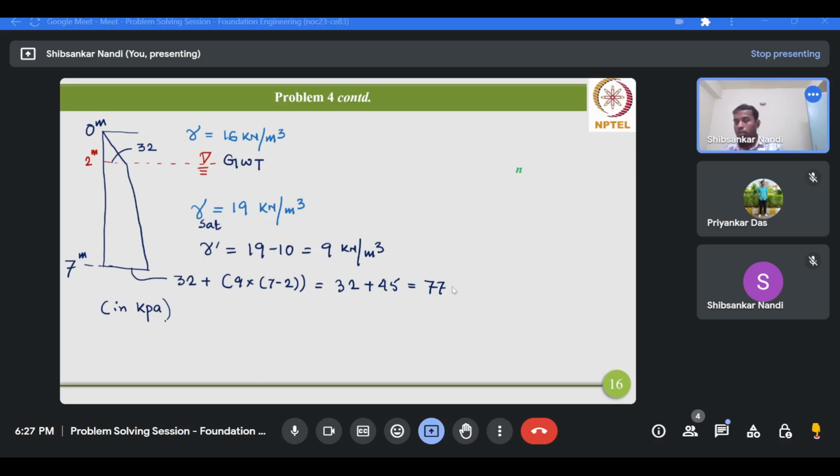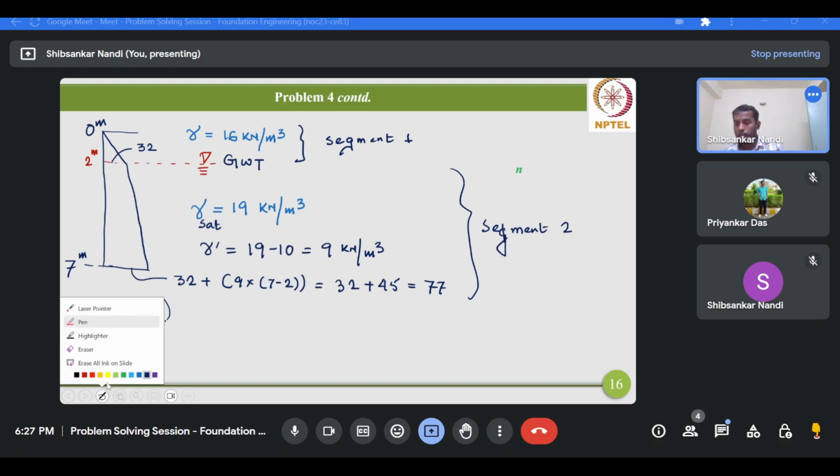Therefore, to calculate the unit skin resistance, you have to consider these two segments separately. This will be segment 1, and this will be segment 2. For segment 1, the average effective vertical stress sigma prime AB will be simply 32 by 2.